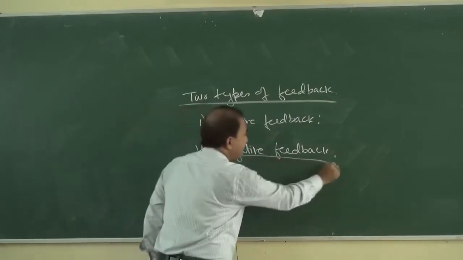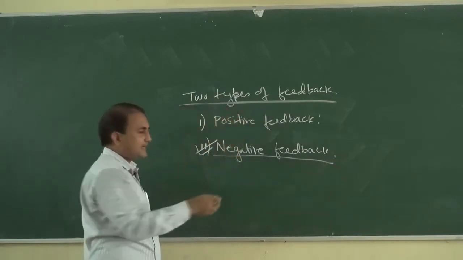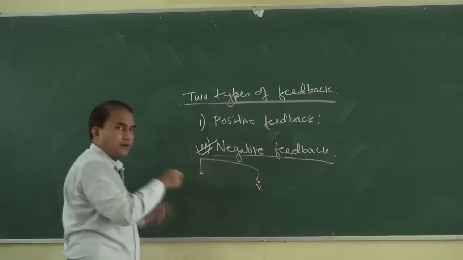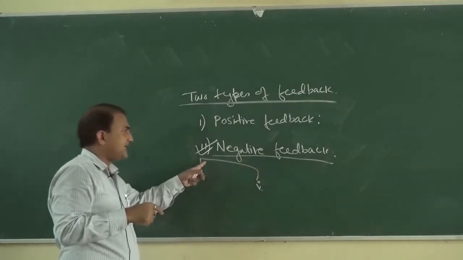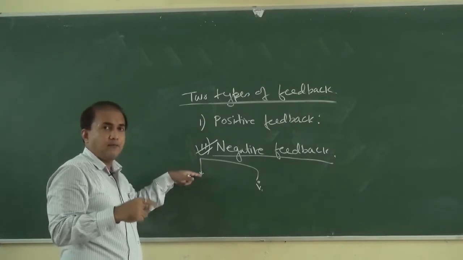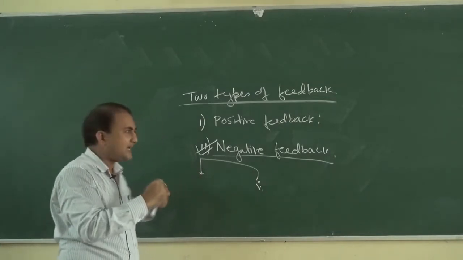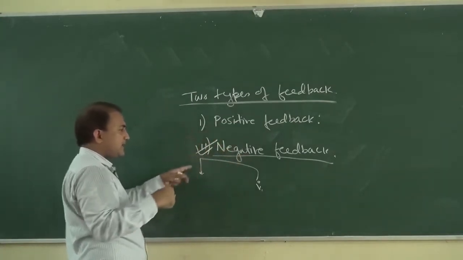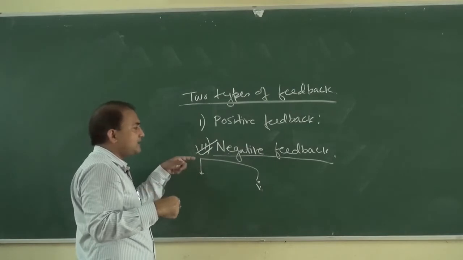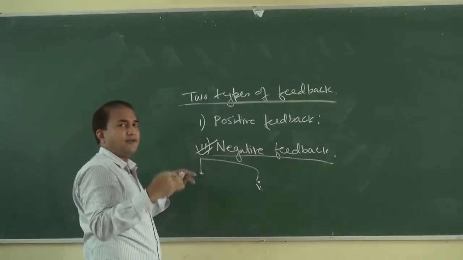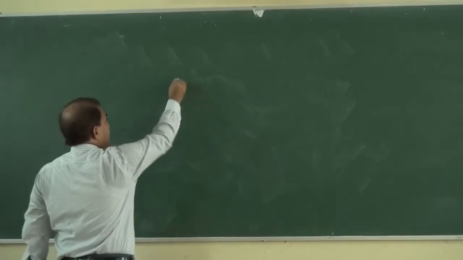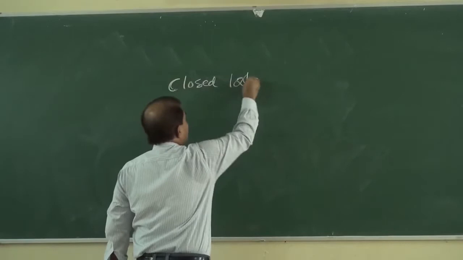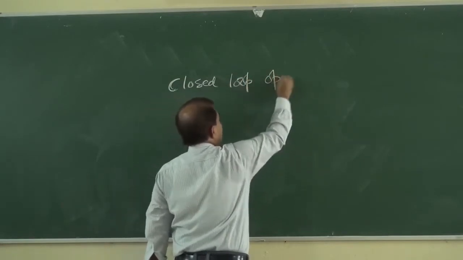In case of negative feedback, some portion of the output is fed back to the input, and the feedback signal and the input signal both will be in opposite phase. That is why it is known as negative feedback. For positive feedback, the input signal and the feedback signal are in the same phase. Then we will study closed loop operational amplifier.